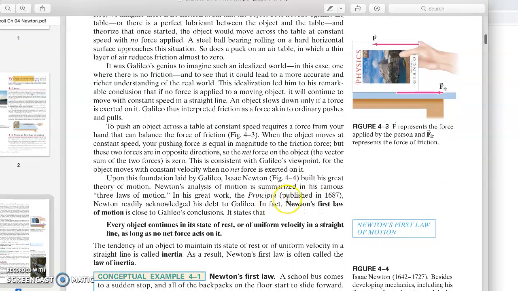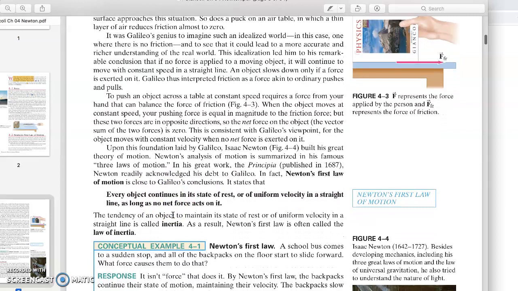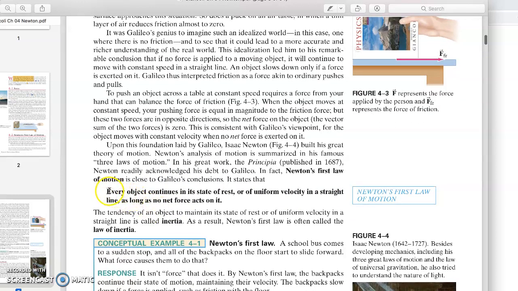But here also it explains more about Newton's first law, mentioning that every object continues in its state of rest or of uniform velocity, in a straight line, as long as no net force acts on it. This is more nicely written wording.